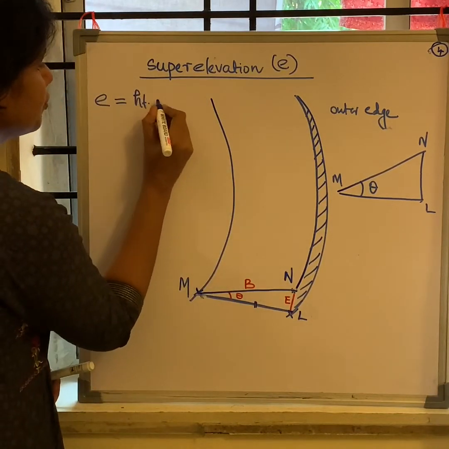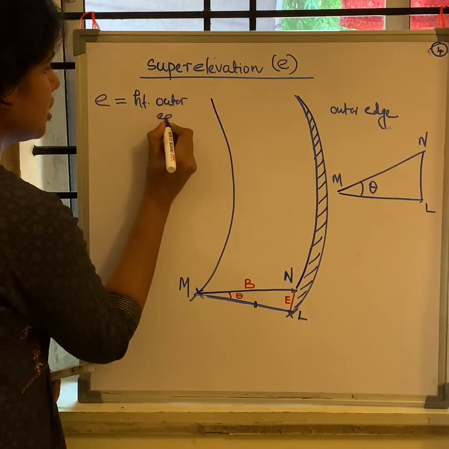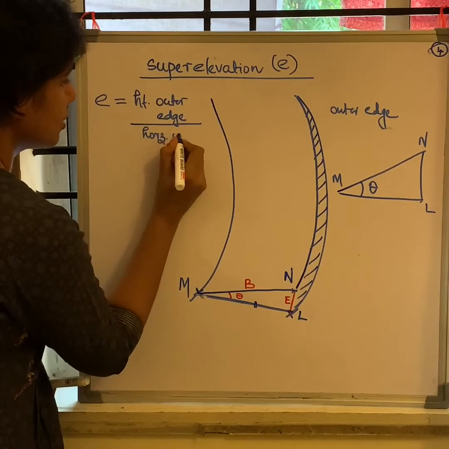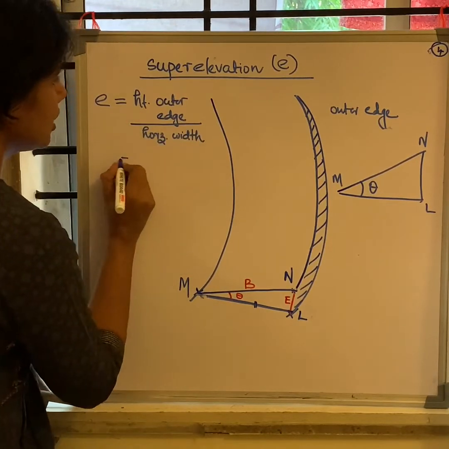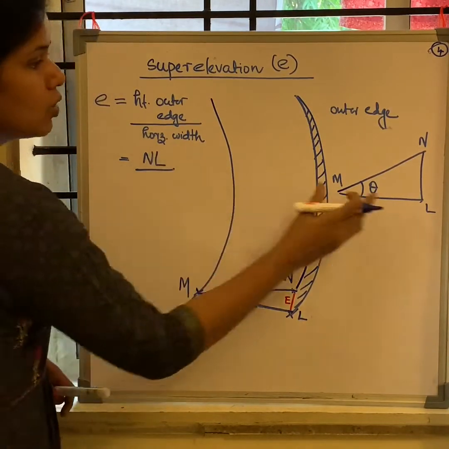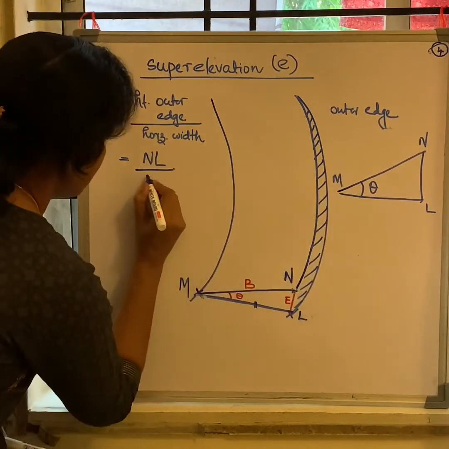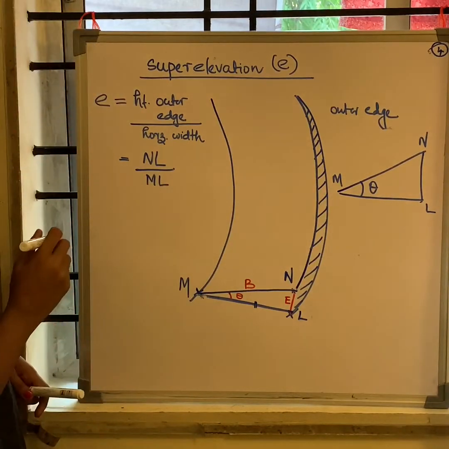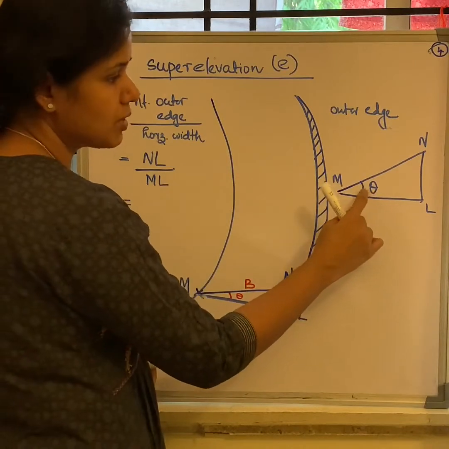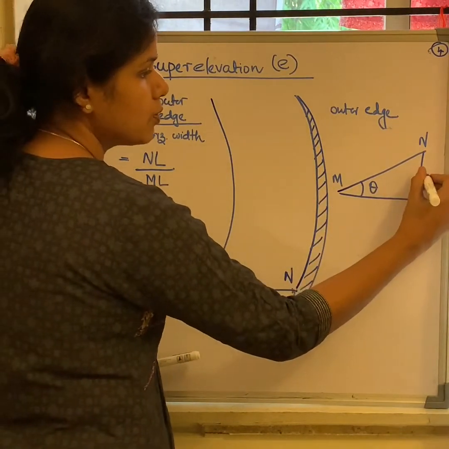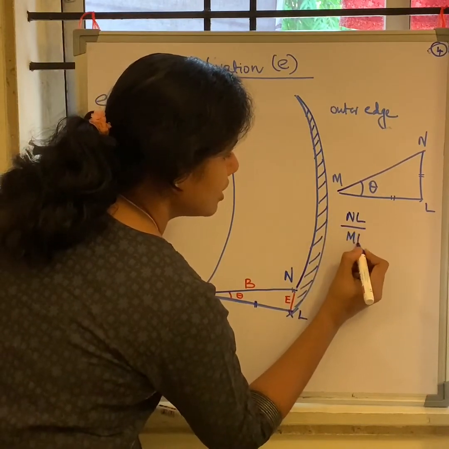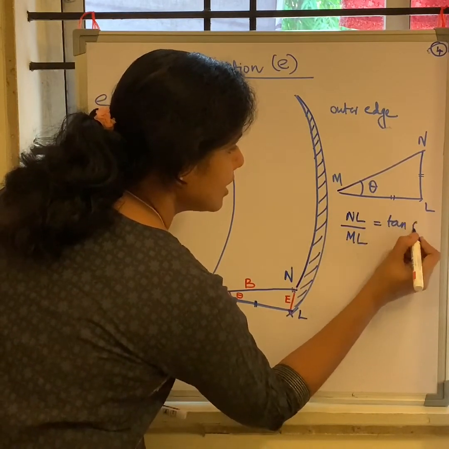From the triangle, the height of the outer edge is NL, and the horizontal width is ML. So E is NL by ML. Using trigonometric relations, this is the opposite side and this is the adjacent side, so NL by ML is nothing but tan theta.